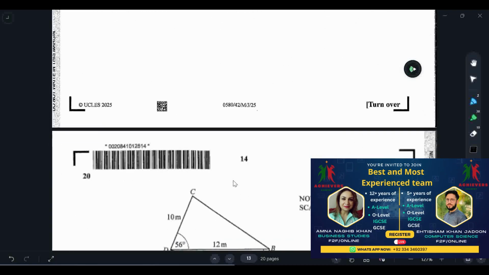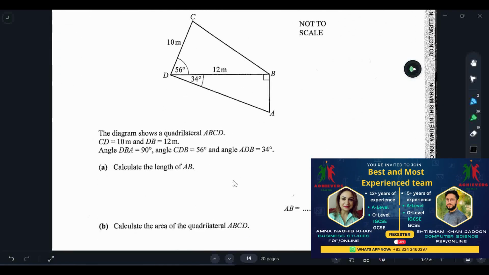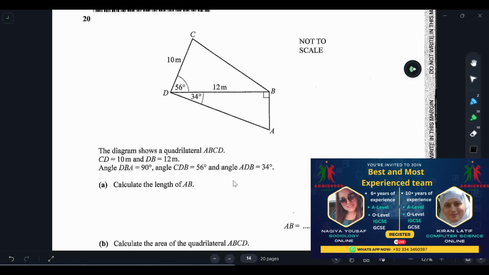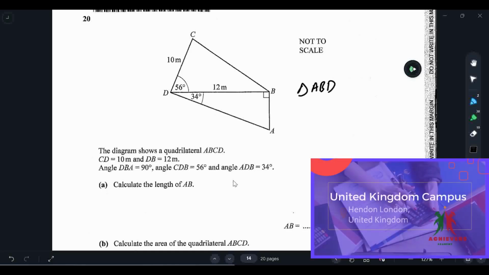Let's move to the next question, question number 20. In question number 20, we have to find out the length of AB. Now we know that the triangle ABD is a right angle triangle.